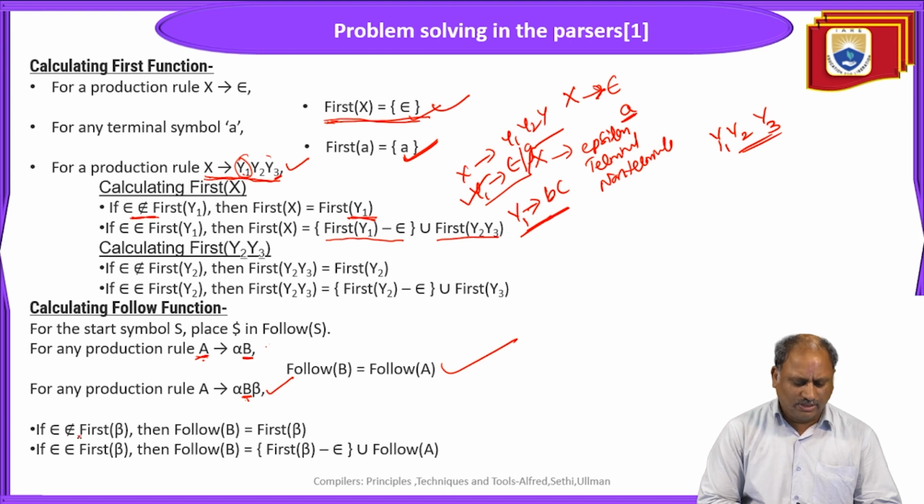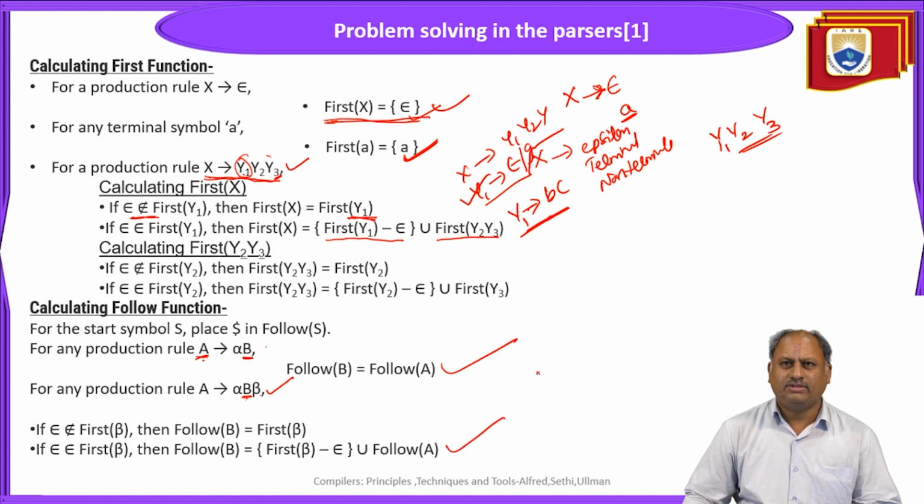If epsilon does not belong to beta, then follow of B equals first of beta. Else, if epsilon is available in beta, then follow of B is first of beta excluding epsilon, together with follow of A. These are the main requirements for computing first and follow. Based on these rules, we verify whether the grammar is LL(1) or not.